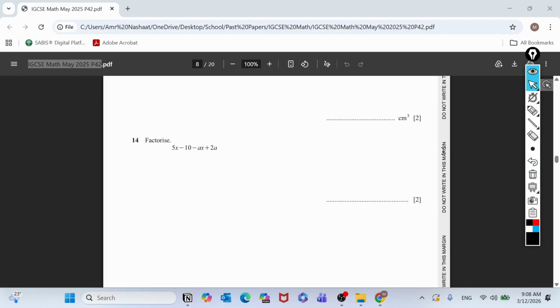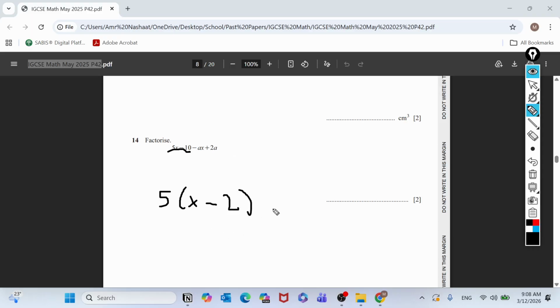Factorize. Okay, let's factorize. Well, let's start with this part. What can you factorize out of here? 5. You take out the 5, you have x minus 2. And here, what can you take out?